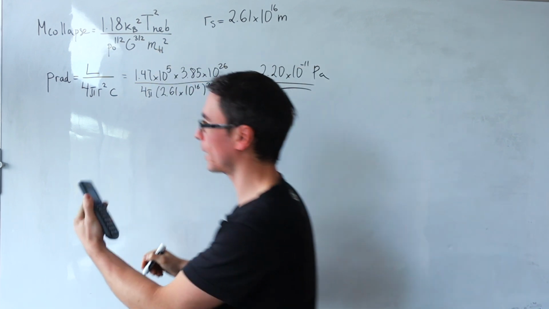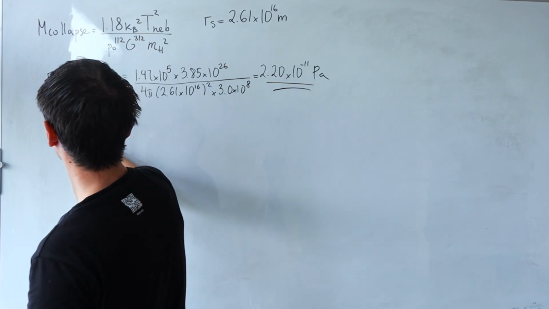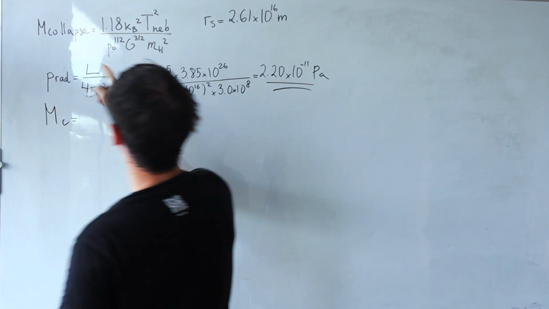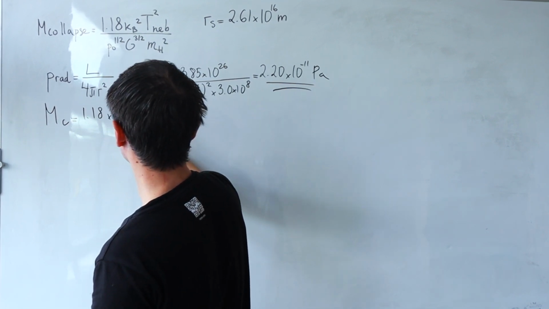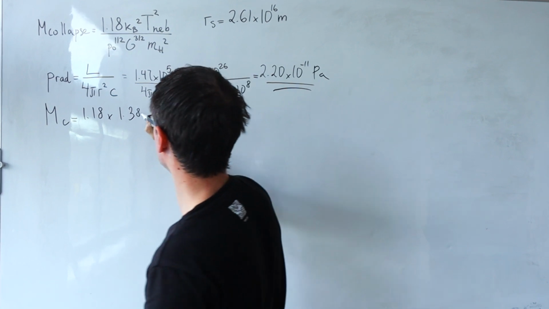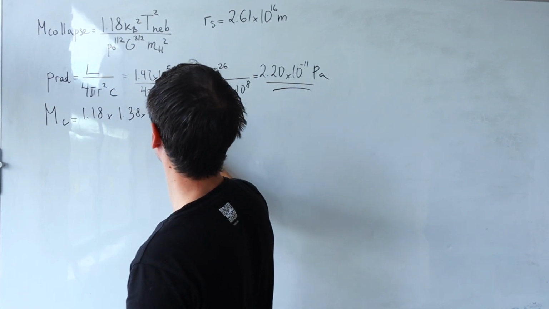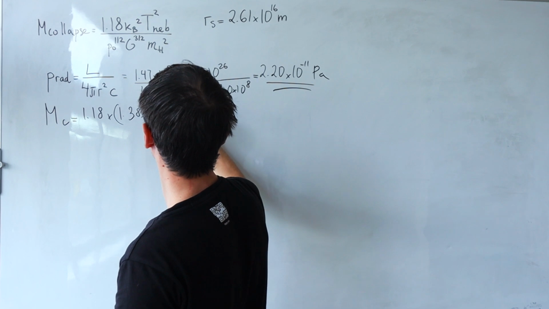Okay, well, let's calculate the mass that's about to collapse. So I'm going to call it m subscript c, and this here will be equal to 1.18 times Boltzmann's constant, which was 1.38 times 10^-23.